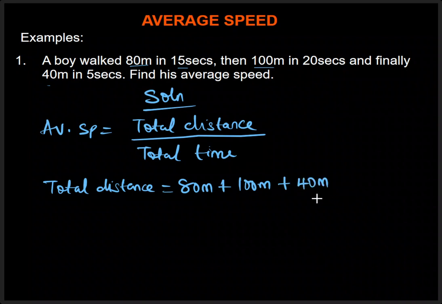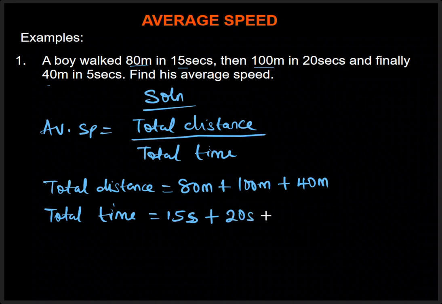And then our total time will be equal to 15 seconds plus 20 seconds, and then plus 5 seconds. So that means we have a total time of 40 seconds.